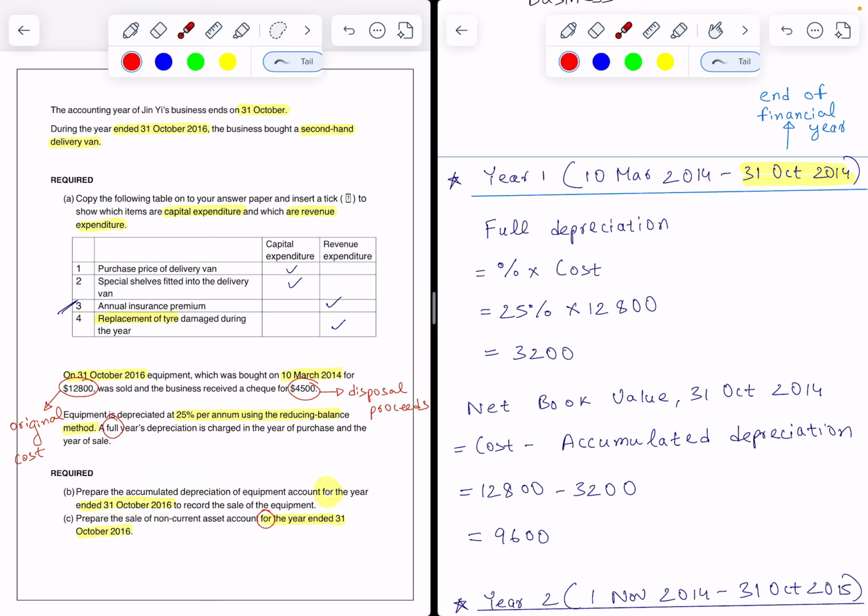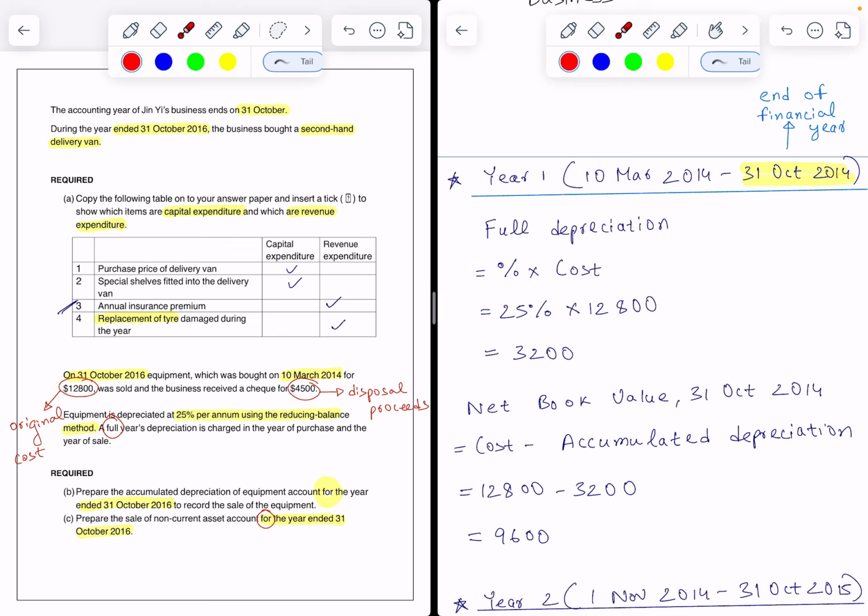All right, so let's have your attention to the right-hand side where we have all the workings. We understand that we have sold a non-current asset, and that asset was bought on 10th of March 2014.